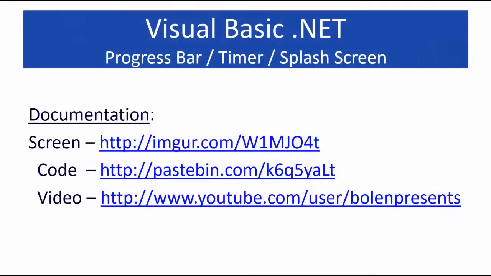So those give you the key parts to learn about the progress bar, the timer, and then how we modified an artificial splash screen to load for 5 seconds. So take a look at the code that I have out there at Pastebin. Once again, the information's out at Pastebin.